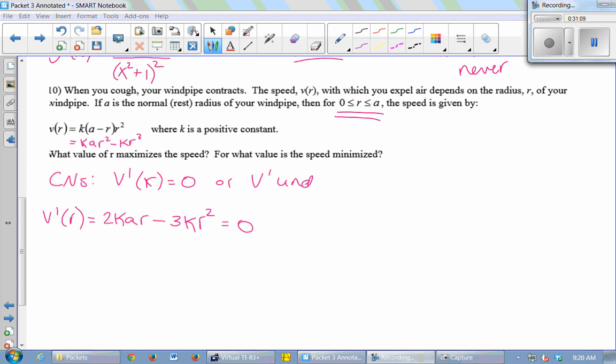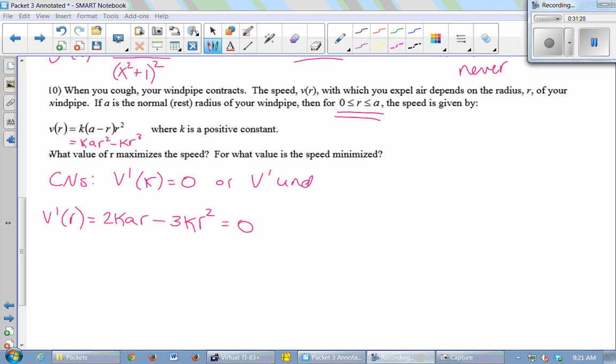And what am I solving for? There's 3 letters in there. Which one am I solving for? R. Good. A and k are just numbers. I want to know what r value makes the derivative 0. So I've got an r in both terms here.